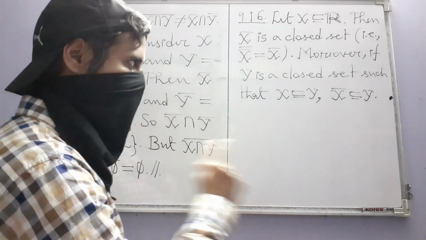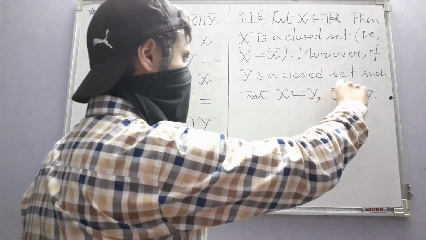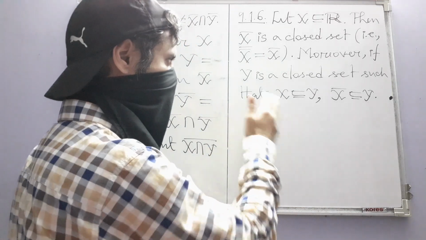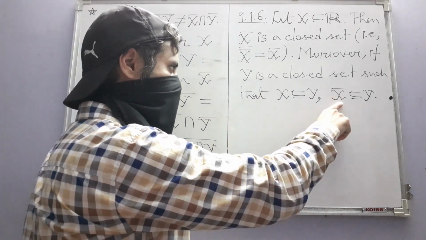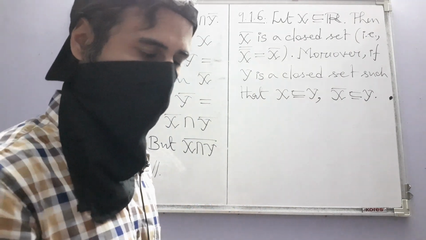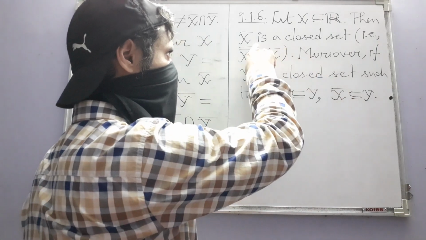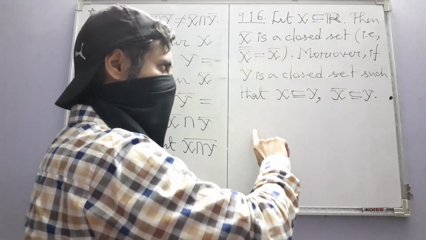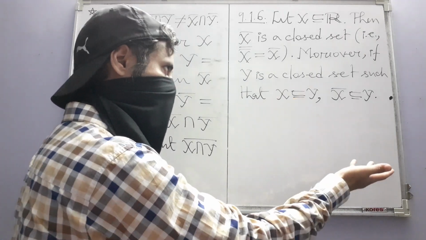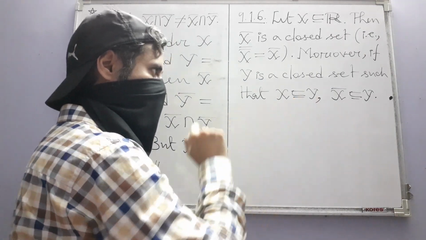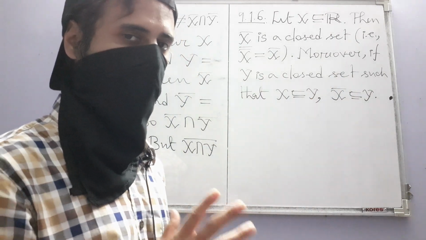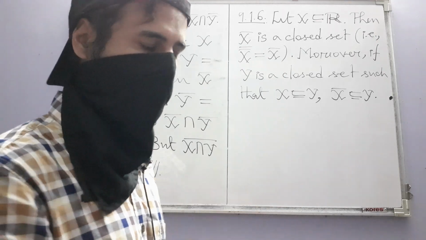Now combine all these things with the fact that X closure also contains X, and that simply means that X closure is the smallest closed set containing X, because X closure is closed, which you prove here, and it contains X, which we already know. But if you have another such set Y which is closed and contains X, then it has to contain X closure. So in that sense, X closure is the smallest closed set containing X.